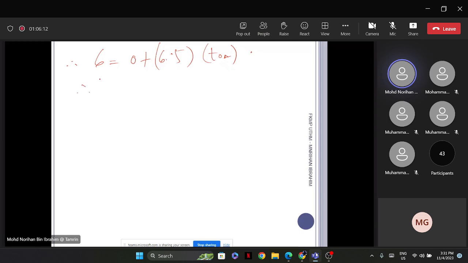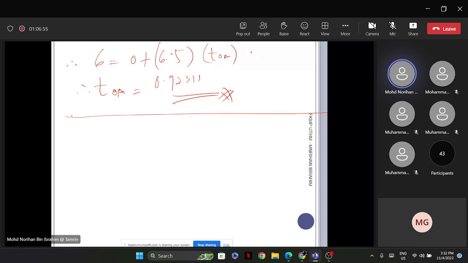Through this, we can calculate TOA, which is 9.9231. That is the initial step, and through this we can find the time of flight from O to A. Okay, finish the first step.